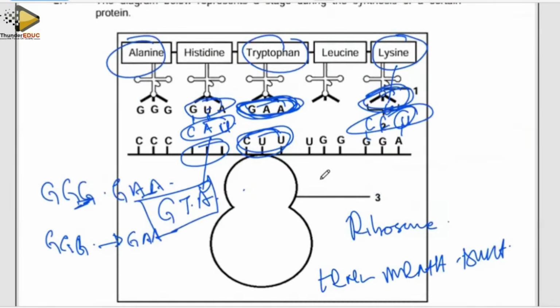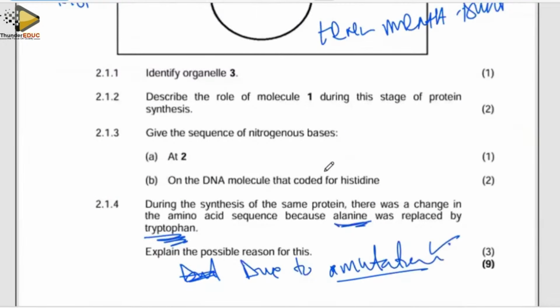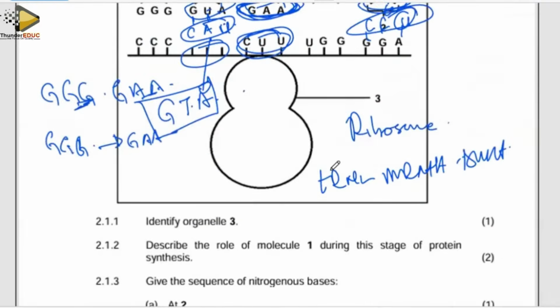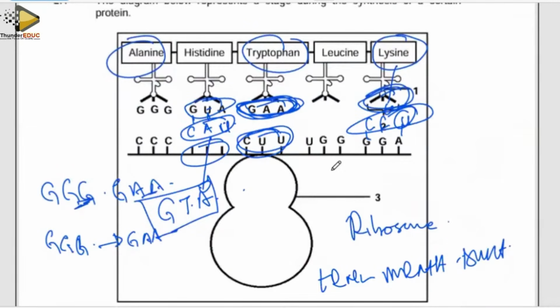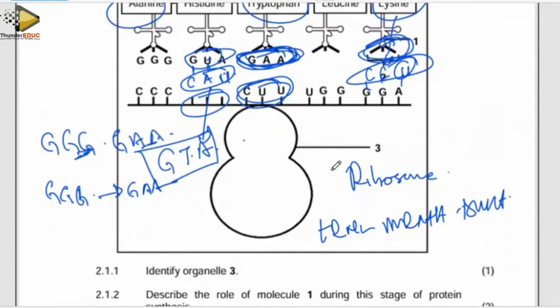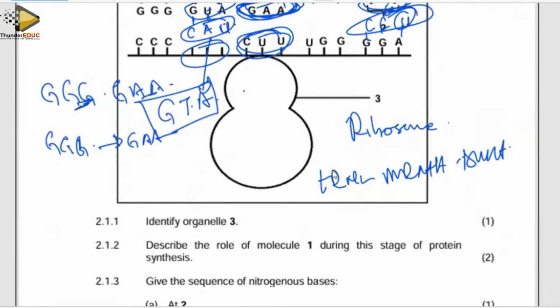Let me check properly. Alanine was replaced with tryptophan, so that's the meaning that the GG was replaced with the AA, making it a different amino acid.